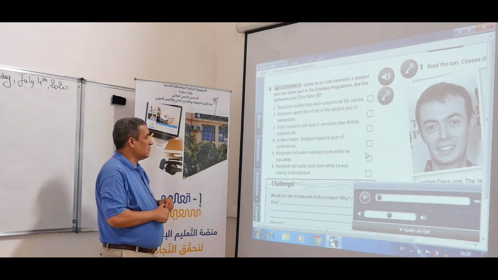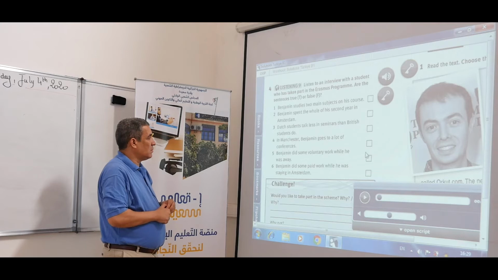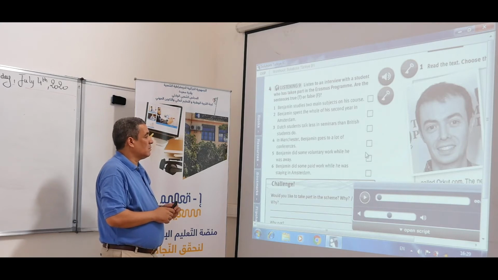Did you notice any other differences? Yes. In Amsterdam, students are sent a weekly email telling them about all the conferences that are available, and most of them are free. I attended a lot of these conferences, something I don't do in Manchester because I don't know anything about them.